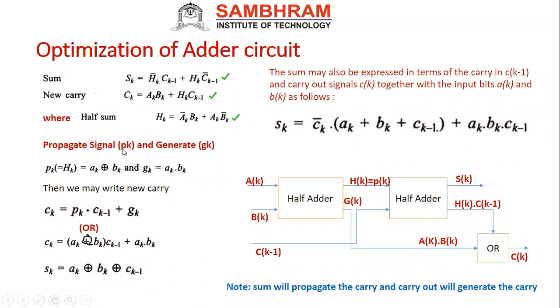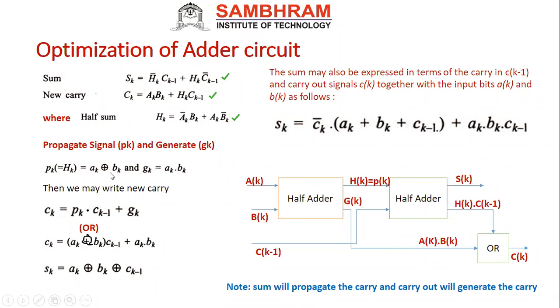Very important. Here, the propagate signal will be denoted as pk, and the generate signal will be denoted as gk. Now pk, as per this diagram, is hk, the sum of your half adder, which is Ak XOR Bk. That is the propagate.